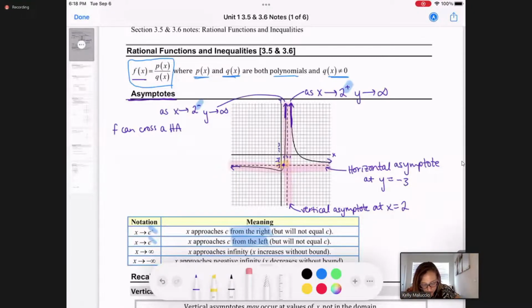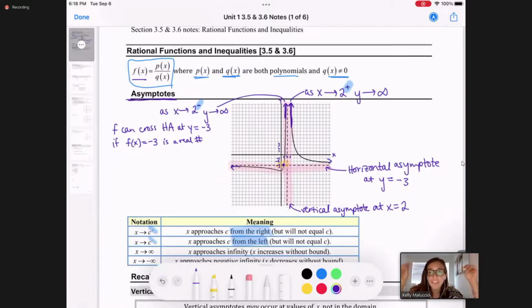Or maybe I'll say can cross the horizontal asymptote at, in this case, y equals -3, if f of x equals -3 is a real number when we set this function equal to -3. If it's a real number, that means that's an actual point on the graph. We're going to cross this asymptote, but the asymptote still exists, right? It's still there. And we'll learn how to find the horizontal asymptote later.